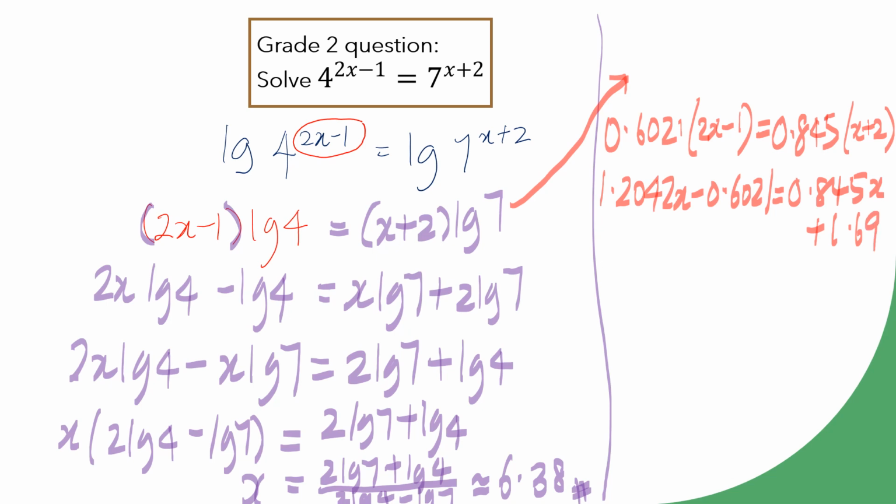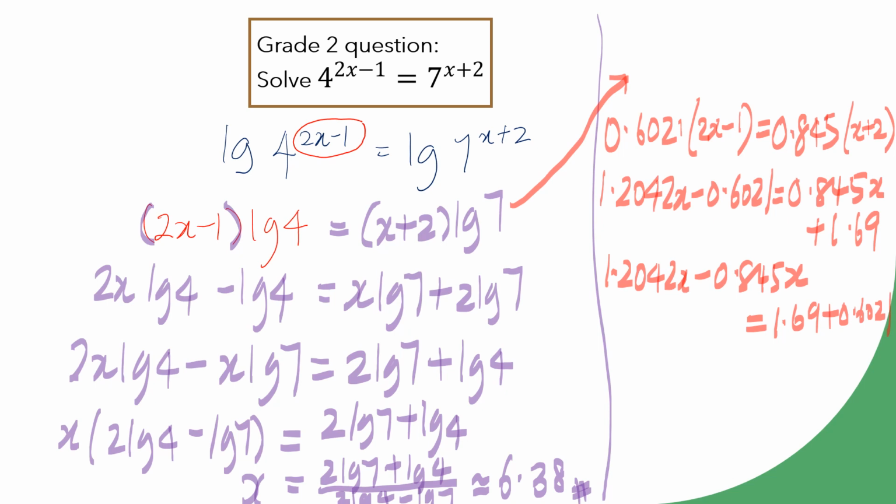Alright, then we put all the x terms together, which is 1.2042x minus 0.845x, equals 1.69 plus 0.6021.